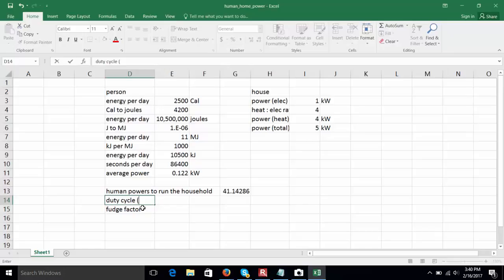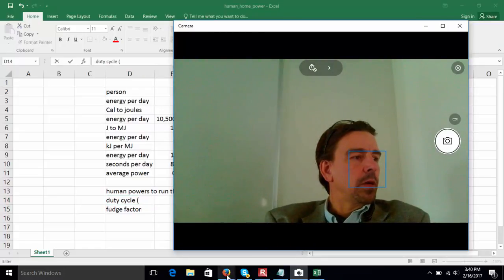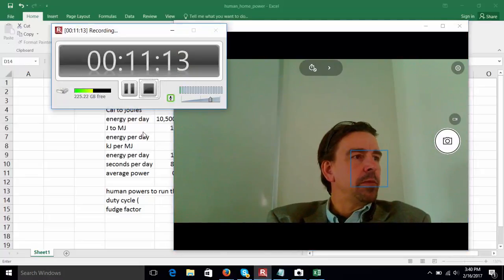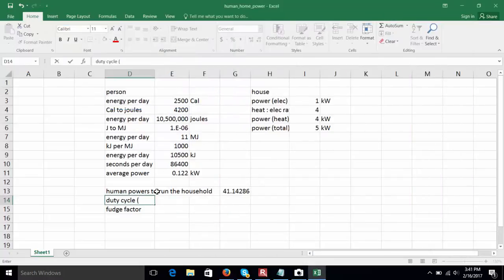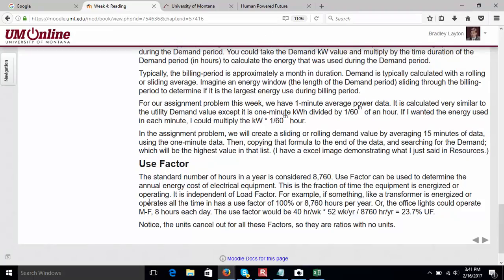Availability factor? I'm blanking on it. Let's take a quick pause, we'll find it, because I want to tie it in with the course. Okay, so another word for duty cycle is use factor.